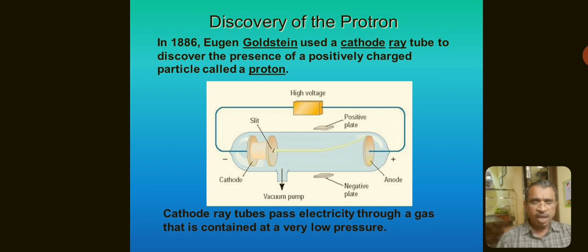Thus, these rays consisted of positively charged particles moving away from the anode and were named positive rays or anode rays, or even canal rays.